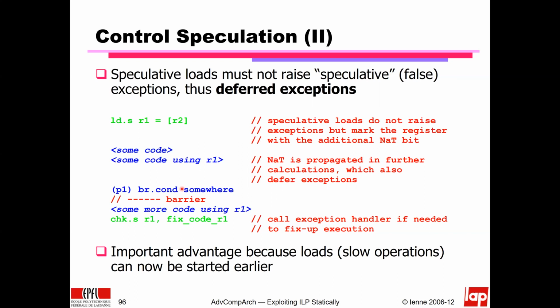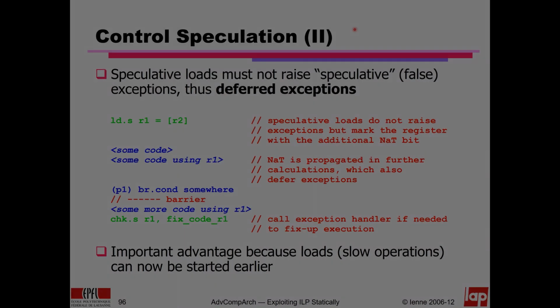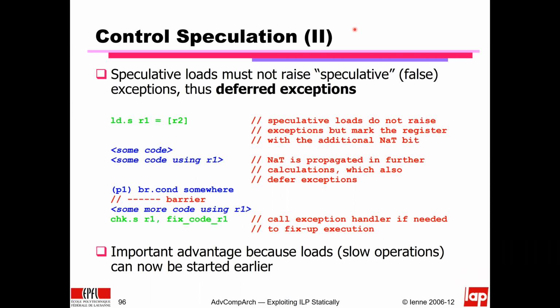So now the question for you is, what do you expect this fixed code to do? And what is the simplest and most natural code that you're going to put there? Now, this fixed code essentially has to handle the exception, right?